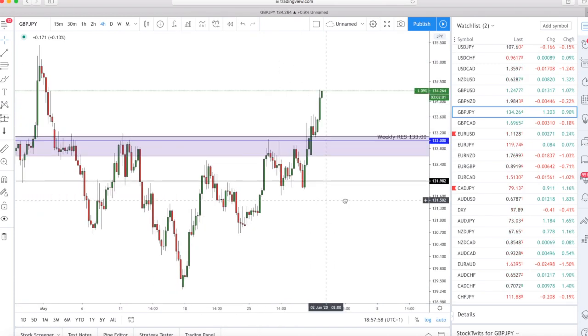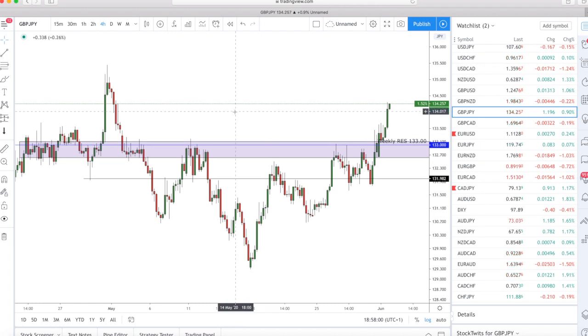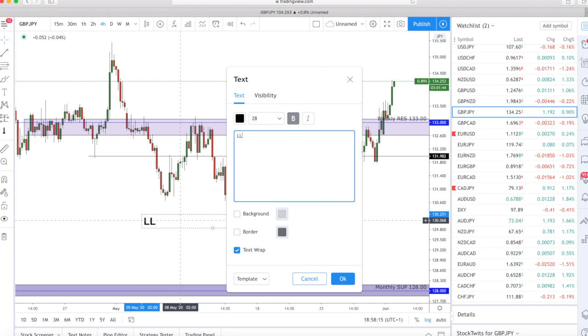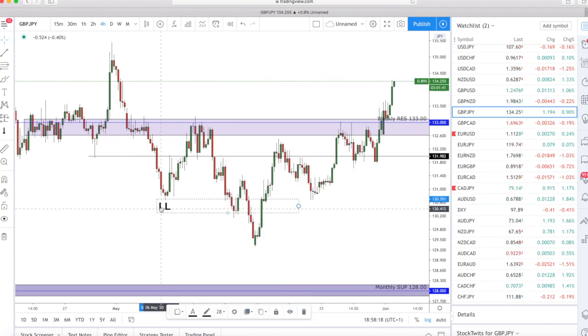But anyway, let's go to a real chart now, and let's start identifying lower highs, lower lows, higher highs, higher lows, and ranging markets, and how we go about trading this. So starting off right here, what is it? This here is a new lower low.